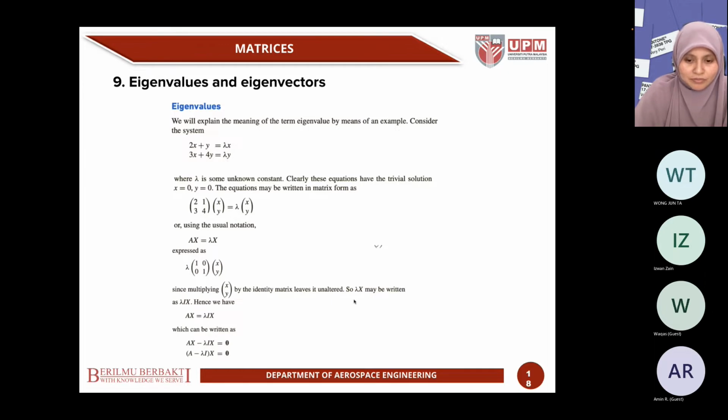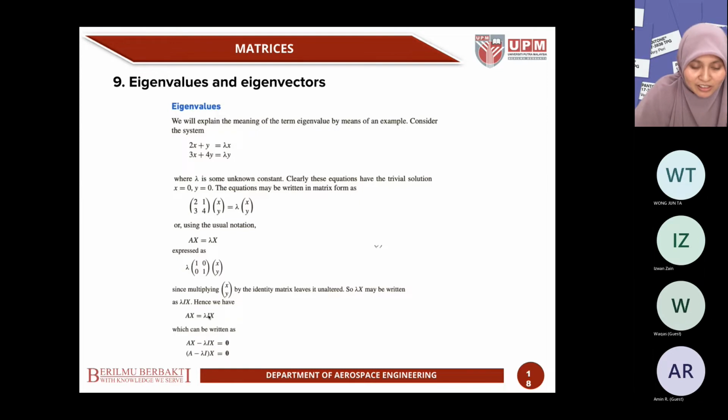So lambda x may be written as lambda I x, with I the identity matrix. If you write this equation and this equation, it's still the same, because matrix I is identity, and you get the same matrix.